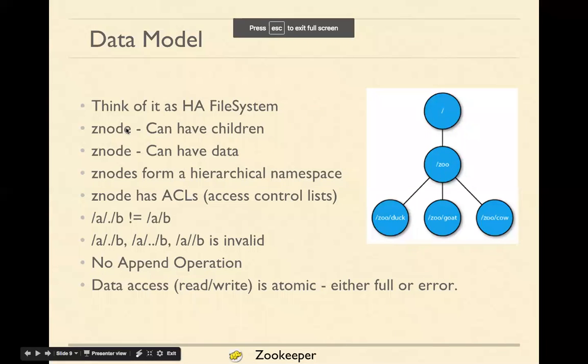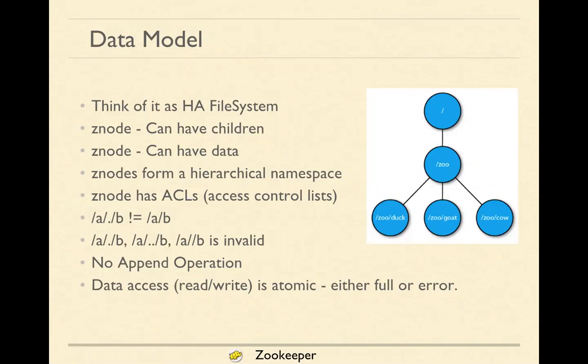You can always think of it as a high availability file system. That's a very important way to look at Zookeeper. You can look at Zookeeper either as a key value system or as a highly available file system. A particular Z node, whether it's slash or zoo or anybody, can have children. Every Z node contains children, and every Z node contains data.